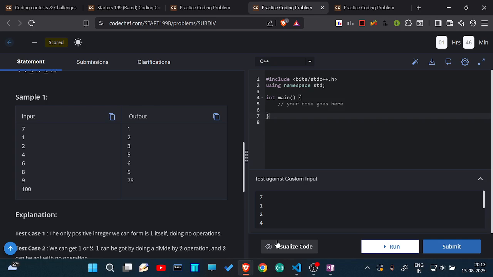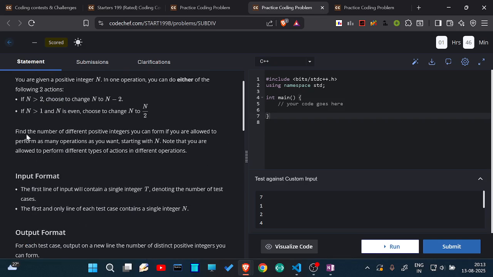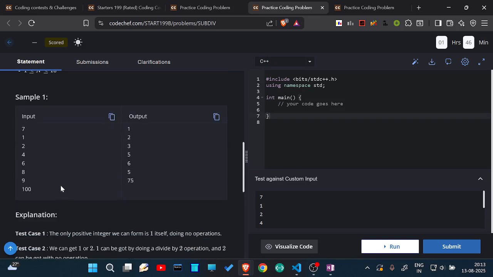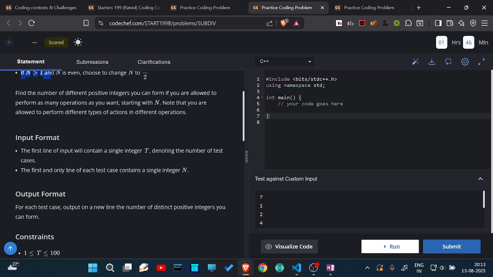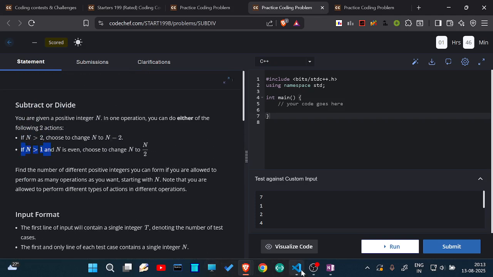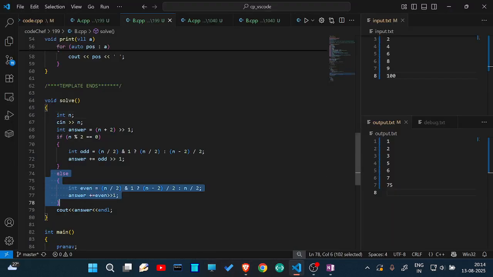This is 5 plus 2, 7. It should be 7. 1, 3, 5, 7, and 9. These are the numbers which we can directly get. And greater than 1, 5. So here are 5 numbers. Okay, and it should be 5. So this was just commented out.